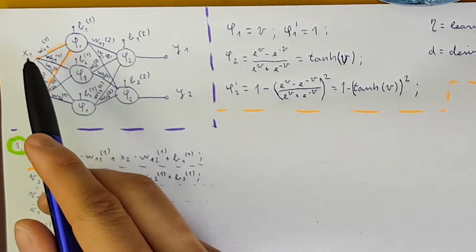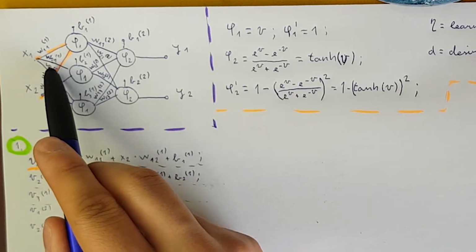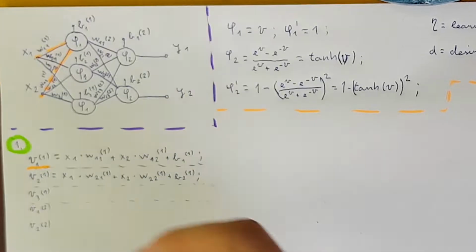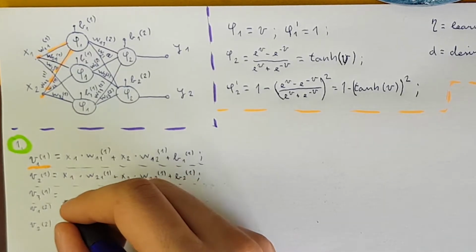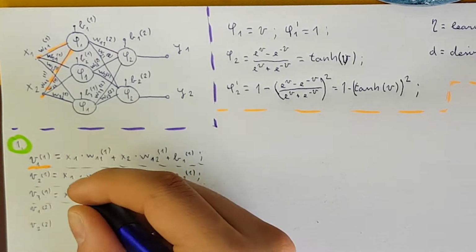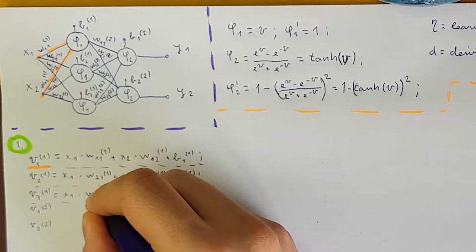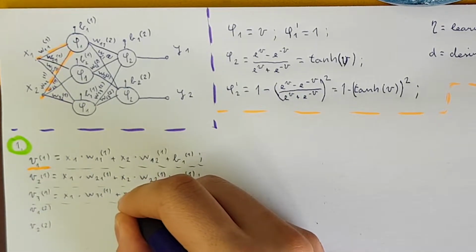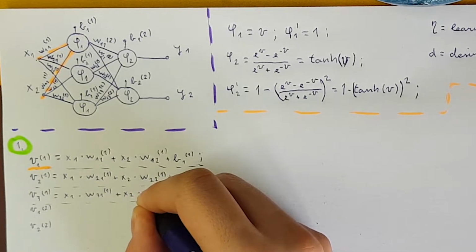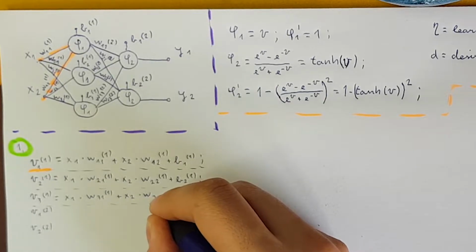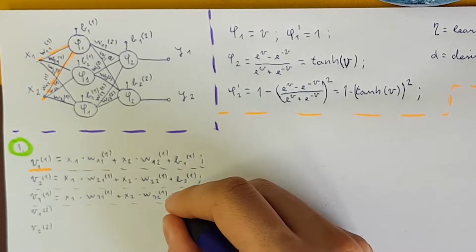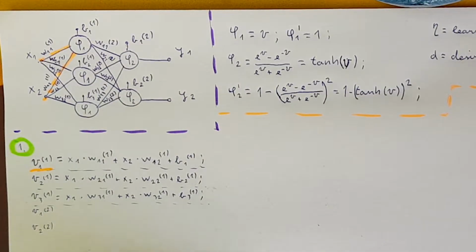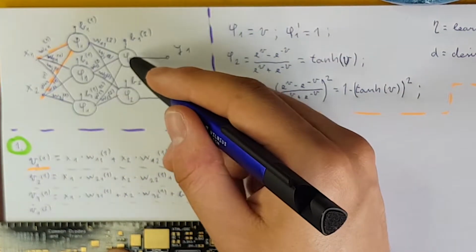So here we can see x1 is multiplied by W2,1, and x2 is multiplied by W2,2. The third weighted sum is x1 multiplied by W3,1 of first layer plus x2 multiplied by W3,2 of first layer plus B3 of first layer.